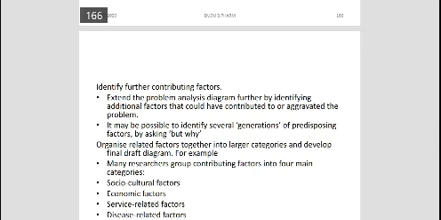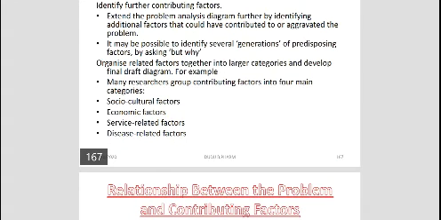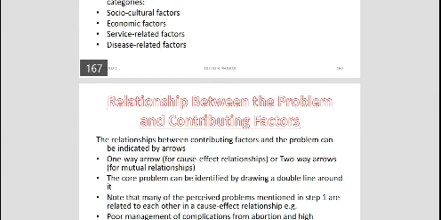For example, many researchers group contributing factors into 4 main categories: sociocultural factors, economic factors, service-related factors, and disease-related factors. So you may group your factors according to these categories.